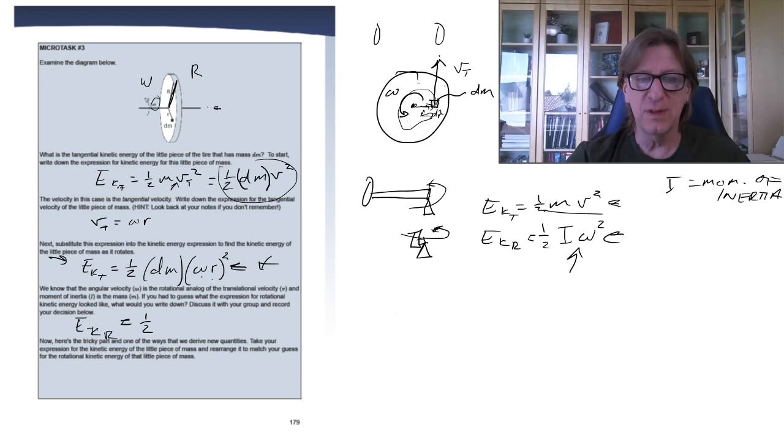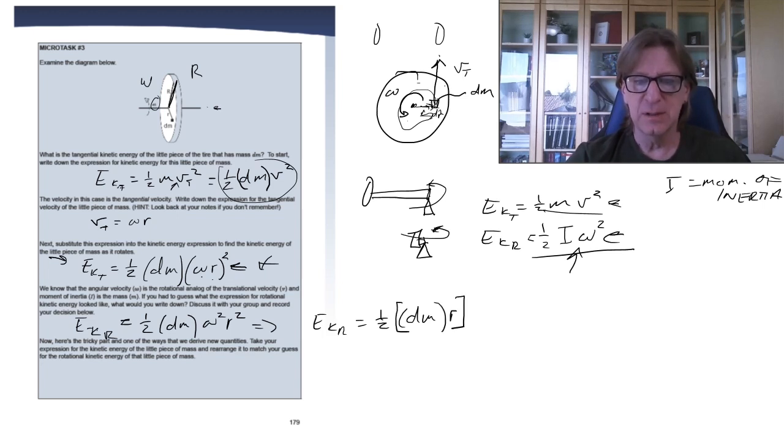If I square both of these, let's do this a step at a time. I've got a dm, and then an omega squared and an r squared. Let's rearrange things so that we get it into the form that we want. So I have E_KR equal to 1/2 times dm times r squared, let me put that in brackets, times omega squared.